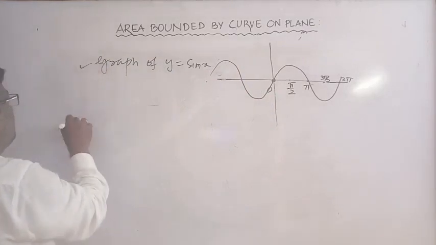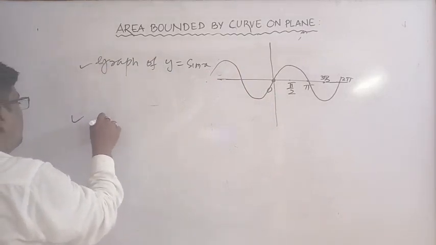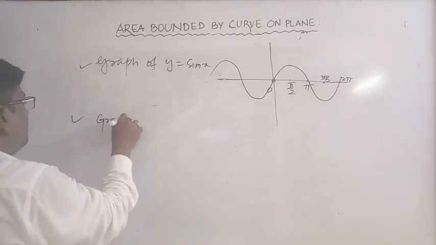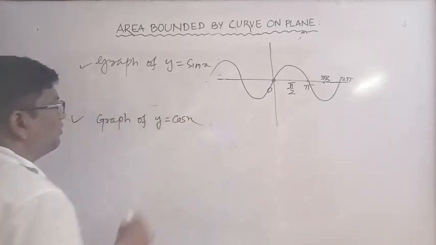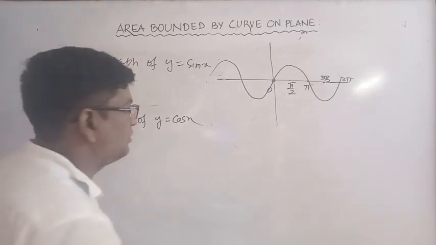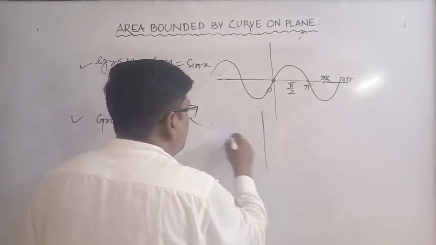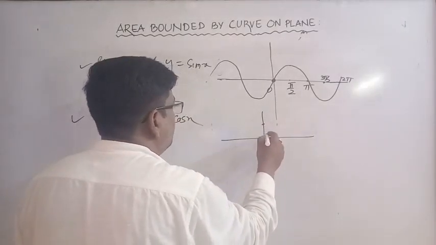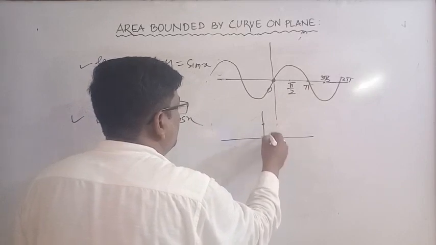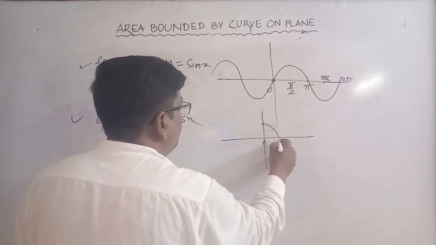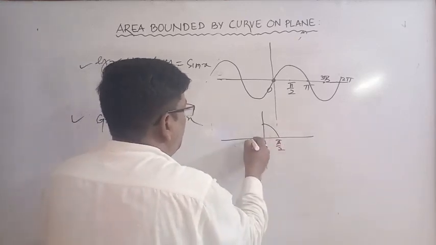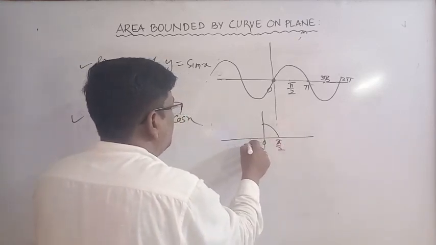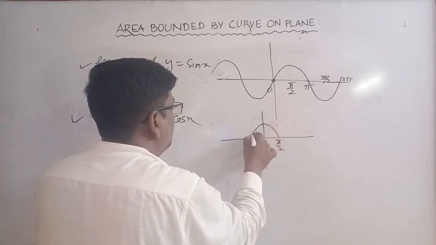Graph of y is equal to cos x. So cos 0 here is 1. This is 0, cos 90, cos pi by 2 means 0, and cos minus pi by 2 here also 0.